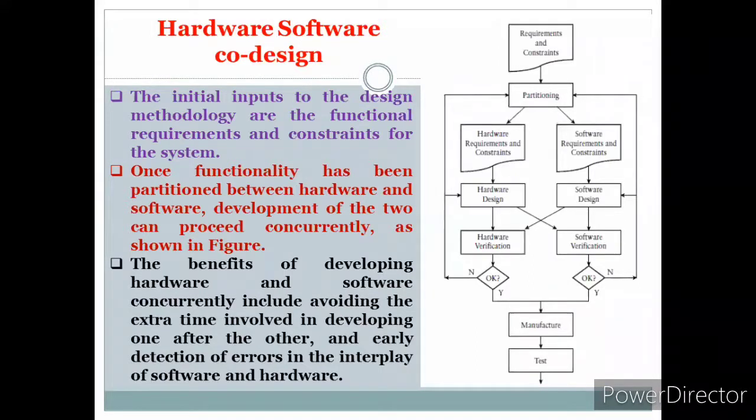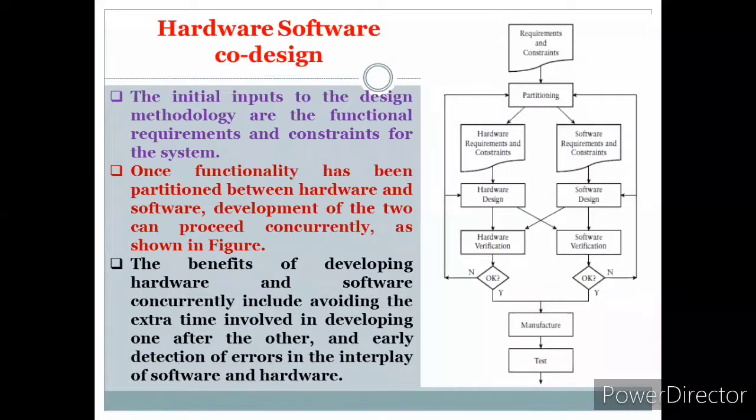The hardware designer will concentrate on the hardware requirement, and the software designer on the software requirement. Initially the inputs to the design methodology are the functional requirements and constraints. Once the functionality has been partitioned between hardware and software, both are concurrently designed by the respective design engineers.